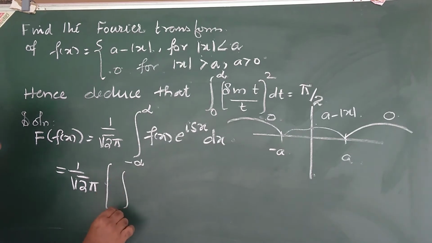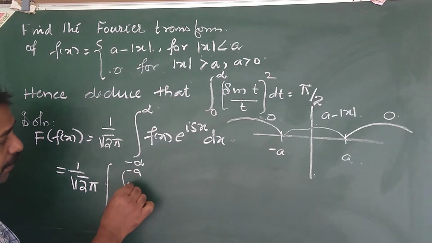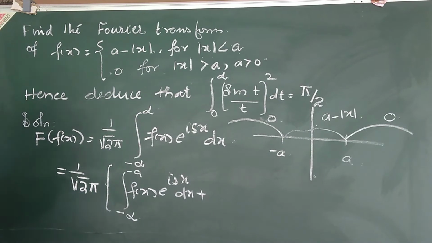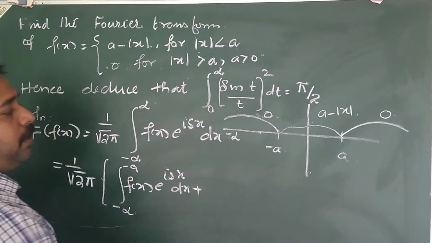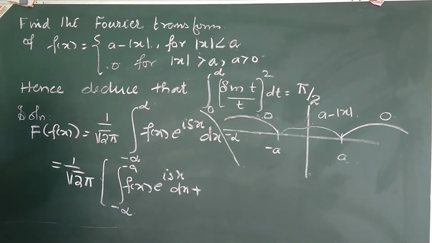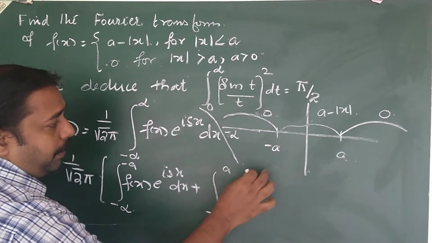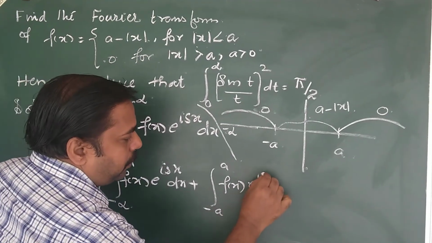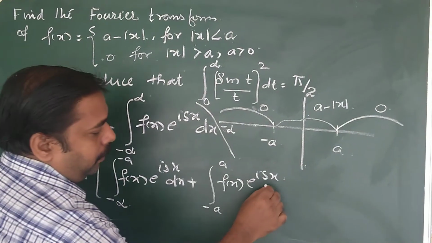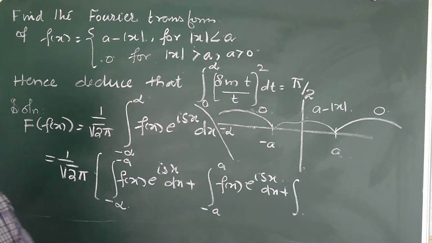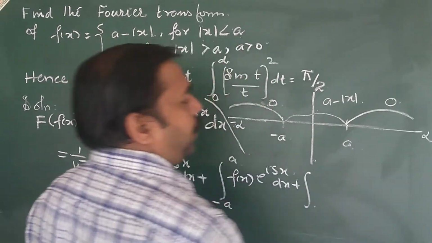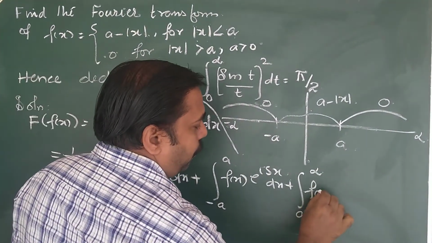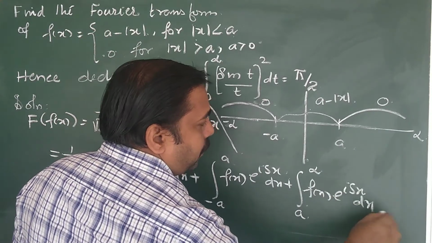That is integral from minus infinity to minus a, plus from minus a to a, f of x e raised to i s x dx, then the next one, a to infinity, that is up to infinity on the real axis, f of x e raised to i s x dx.